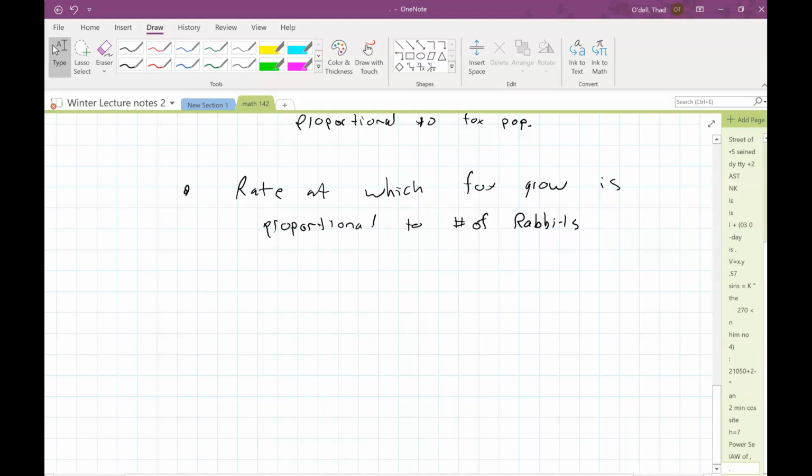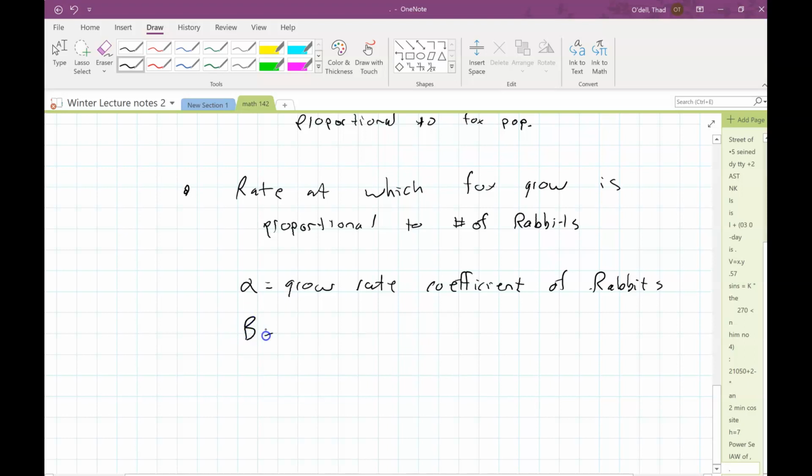So now we've got some new parameters. We're going to say, for example, alpha is the growth rate coefficient of rabbits. So remember, that was k in the first example and the second example for that matter.